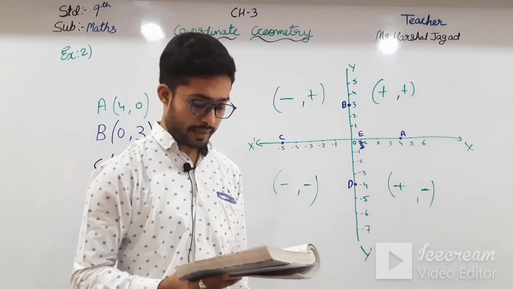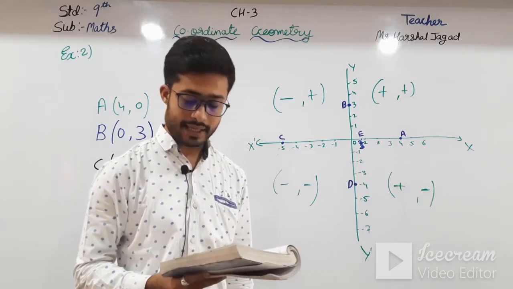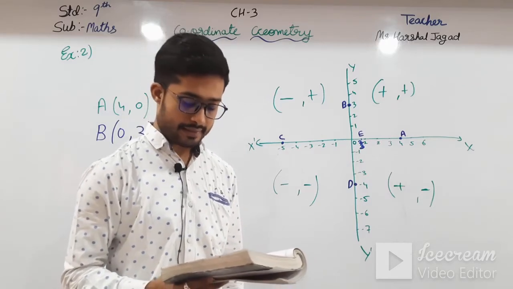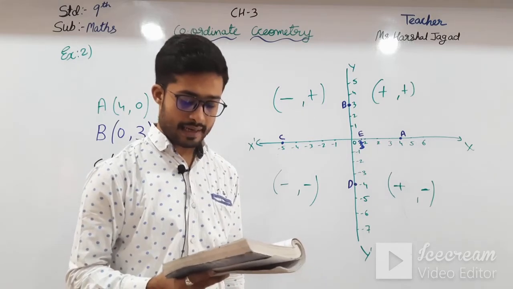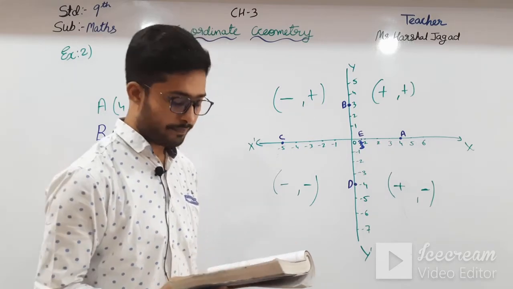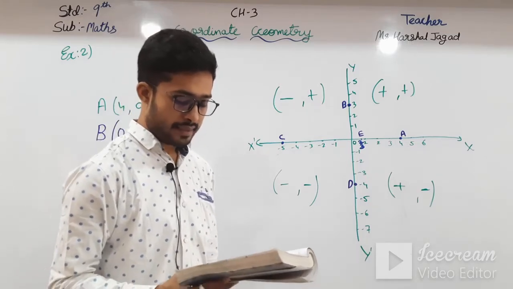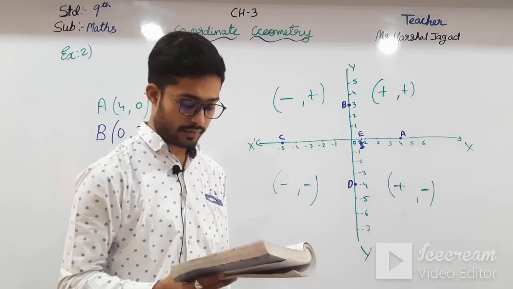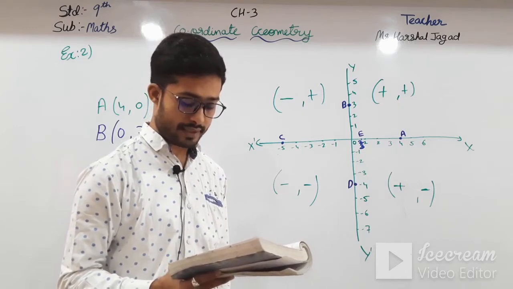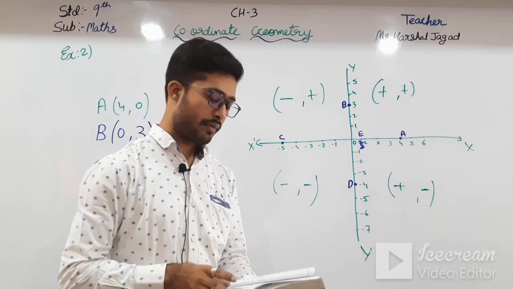If a point is in the third quadrant, then the point will be in the form of negative, negative, since the third quadrant is enclosed by the negative x axis and the negative y axis. If a point is in the fourth quadrant, then the point will be in the form of positive, negative, since the fourth quadrant is enclosed by the positive x axis and the negative y axis.